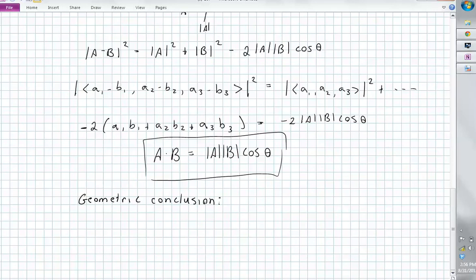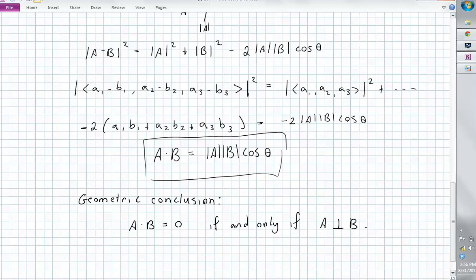A really nice geometric conclusion that says A dot B equals 0 if and only if A is perpendicular to B. If A is perpendicular to B, what's the angle between them? Pi over 2.